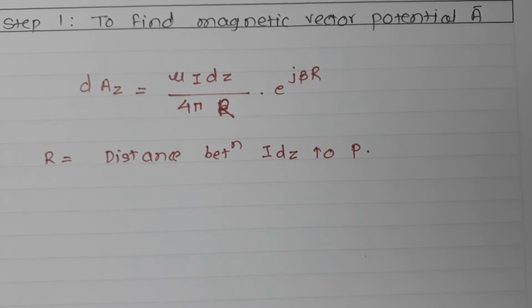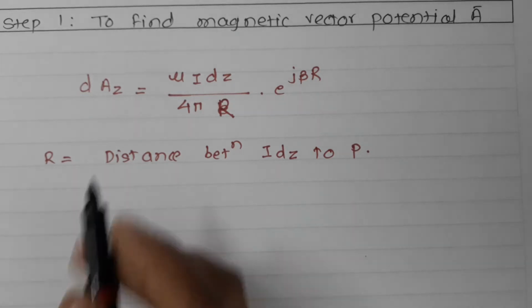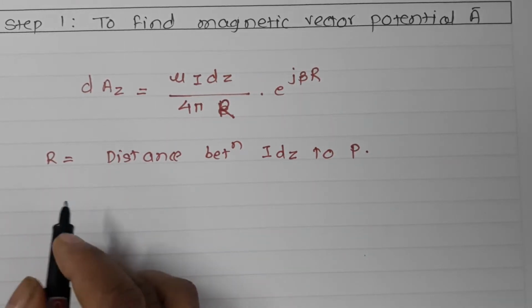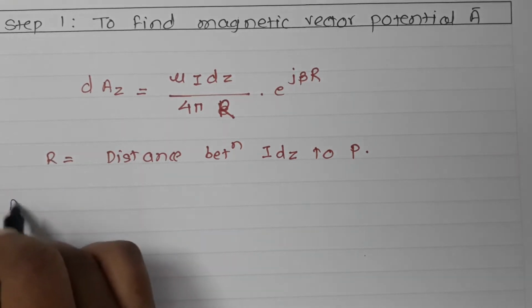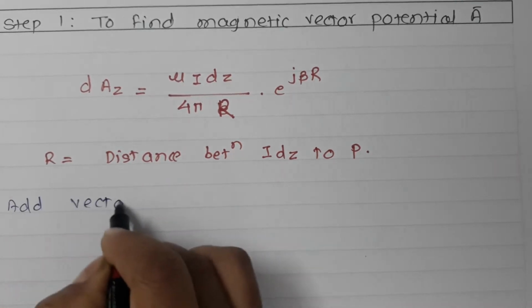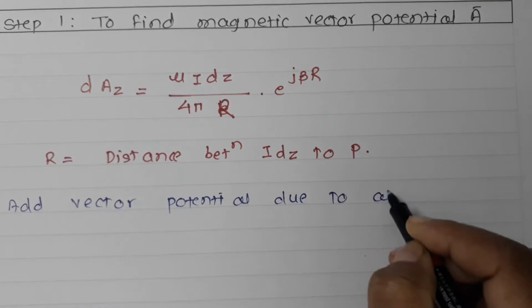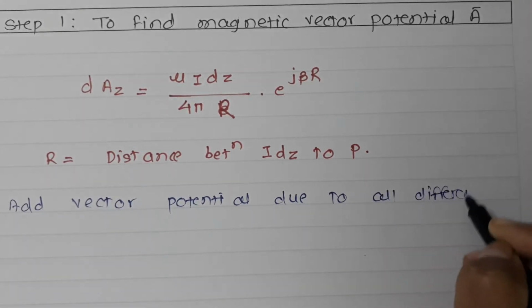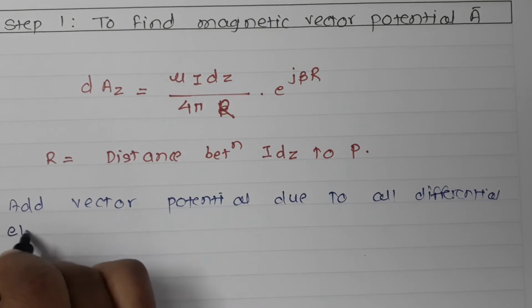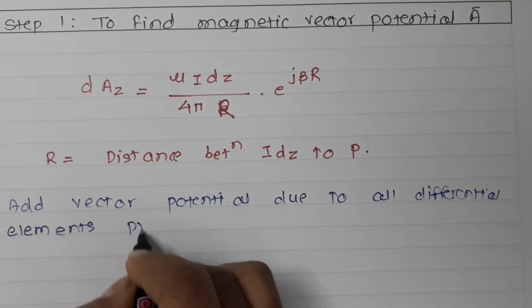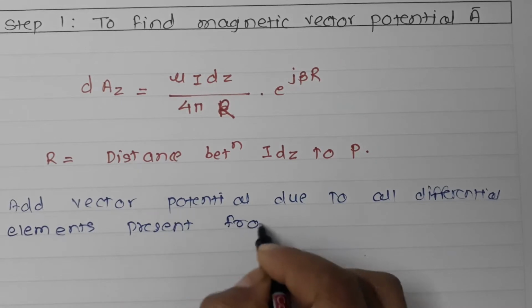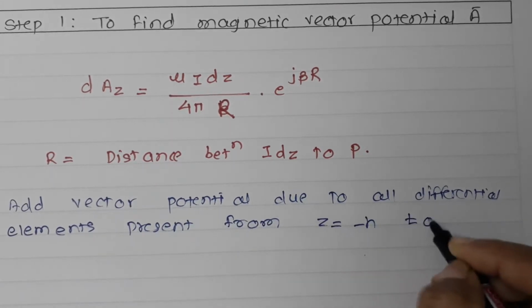When we add the vector magnetic potential due to all differential elements present from z is equal to minus h to z is equal to h, we get the total vector magnetic potential at point P. So we are going to add the vector potential due to all differential elements present from z equal to minus h to plus h.